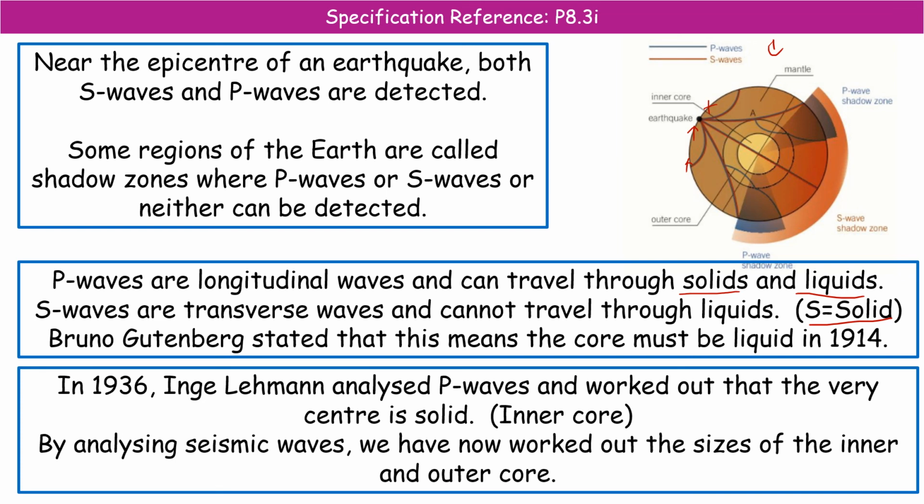So that gives us our 4 divisions of the Earth now, and that's how we worked out just by using those seismic waves. And in fact, through further studies, we've also worked out the sizes of the inner and outer core as well. But all of that done through seismic waves, none of it by actually drilling down and looking at it directly.